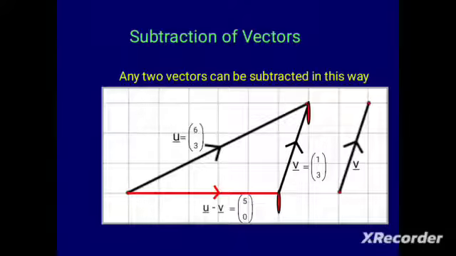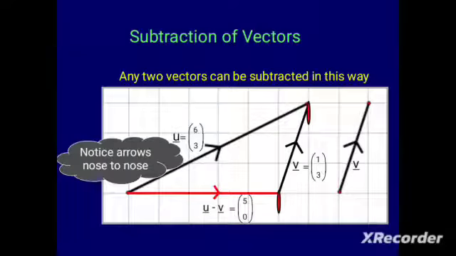But now we want to see how. We are taking the coordinates for vector u, that is (6, 3), minus the coordinates for vector v, (1, 3). We are subtracting the corresponding components. So 6 minus 1 will get 5. Then 3 minus 3 is 0.